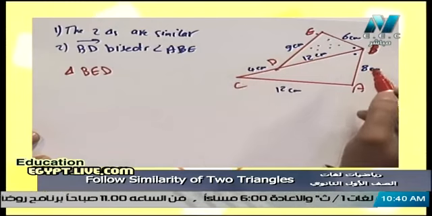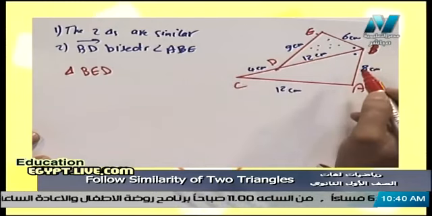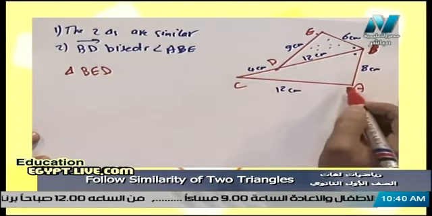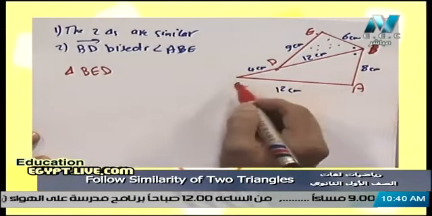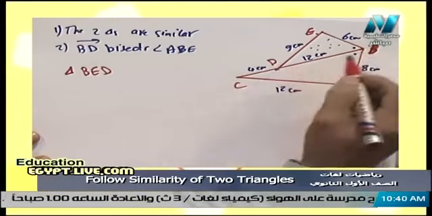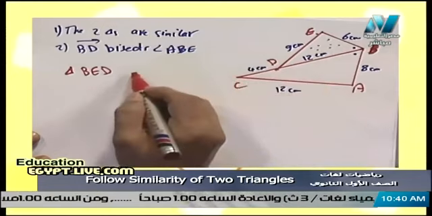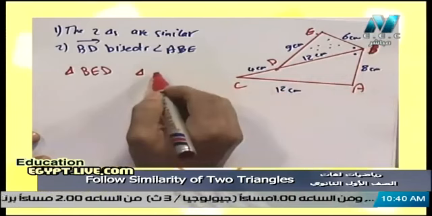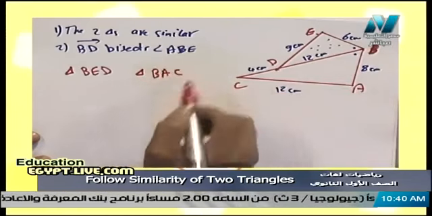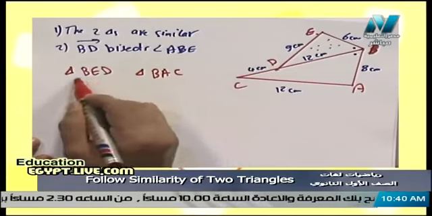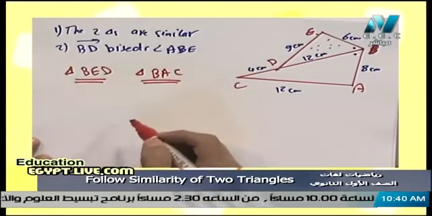So we can name it BAC, because BA is the smallest, AC is bigger, and BC is the biggest. And we will try to prove that this triangle is similar to this triangle.